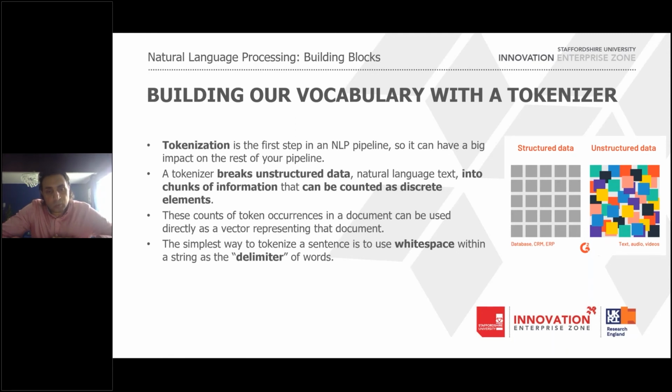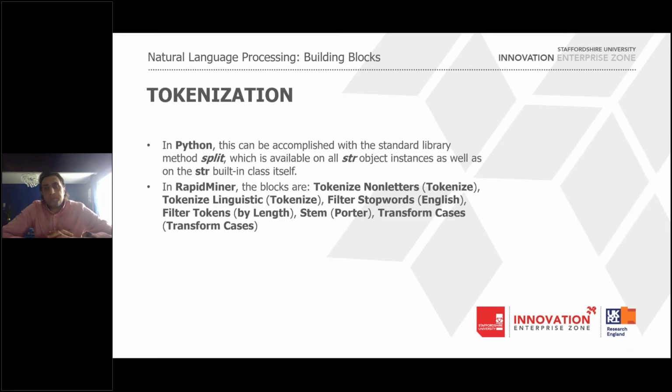It could be a space or could be in general a delimiter, which could be a comma, could be a semicolon, whatever you want to define as a delimiter. So in Python, for example, this can be accomplished with the standard library, which is what we have seen in the previous slide, a method called split, which is available on all string object instances, as well as the string built-in class itself.